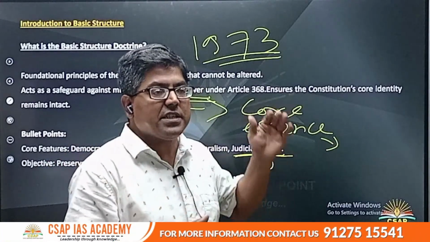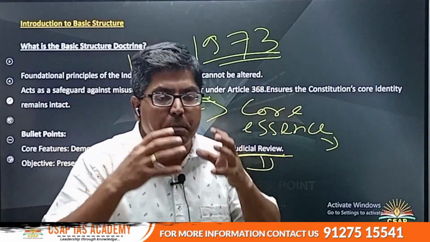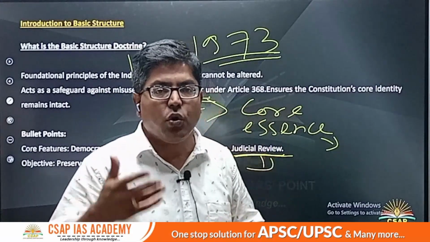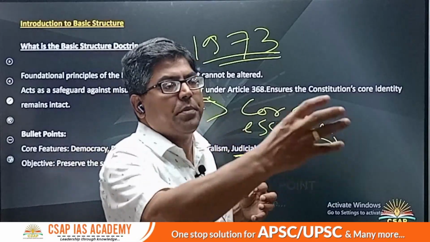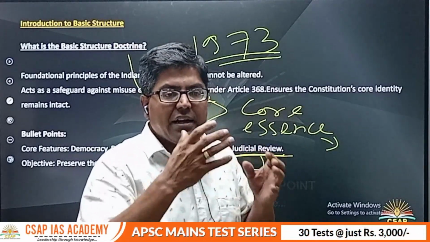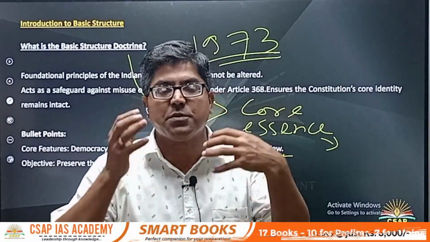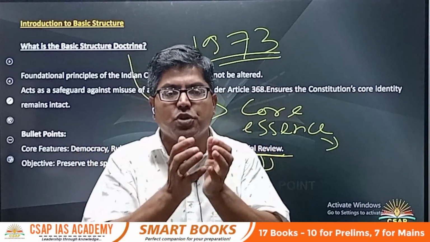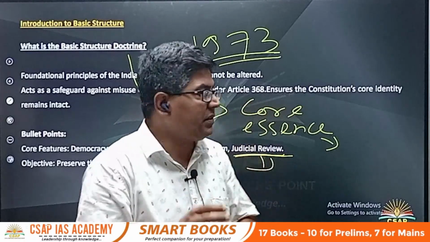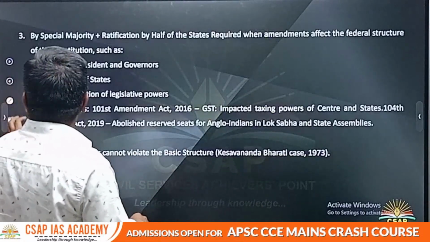So in that sense, this basic structure doctrine is an important judicial evolution through which the essence or the core of the constitution is highlighted, and the spirit of the constitution is therefore protected, right. Okay, let's move on.